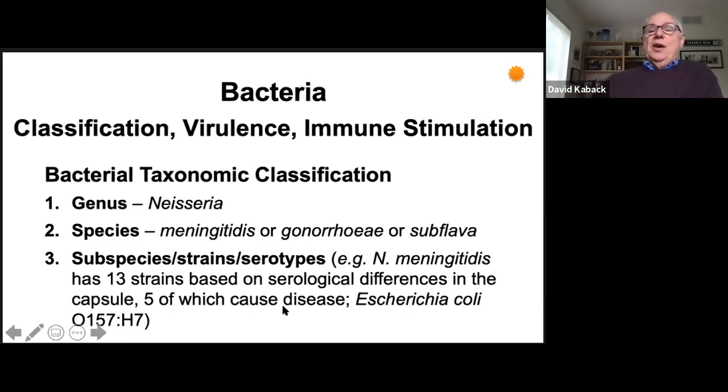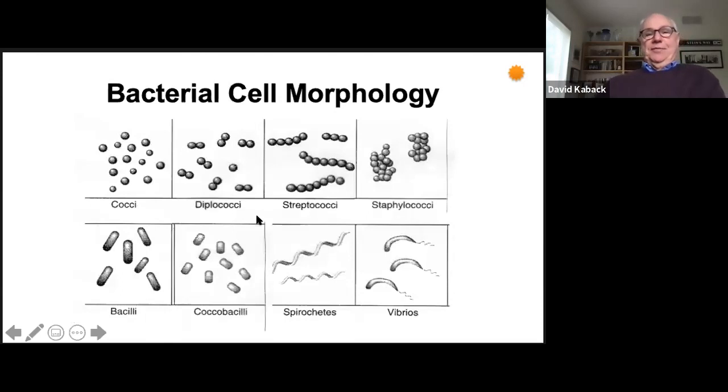Okay, so when we are describing bacteria, and we want to say something about Neisseria or any other kind of bacteria, the second thing we describe about it is its cell morphology, because that's the first thing we observe in a microscope. And we describe that morphology as either cocci, which comes from the Greek word for berry.